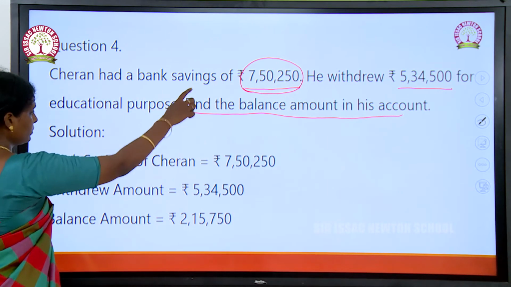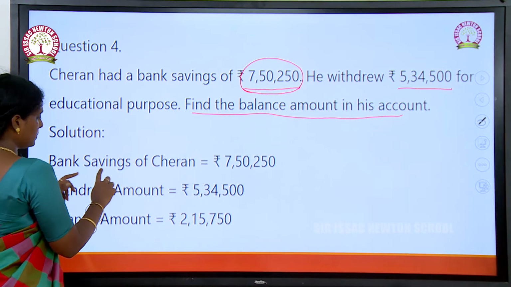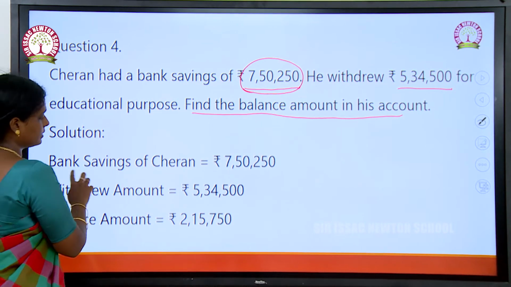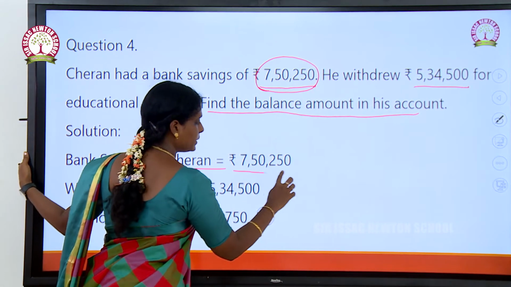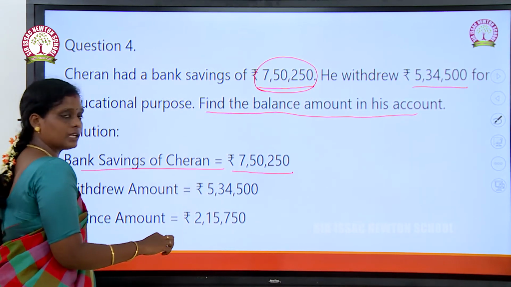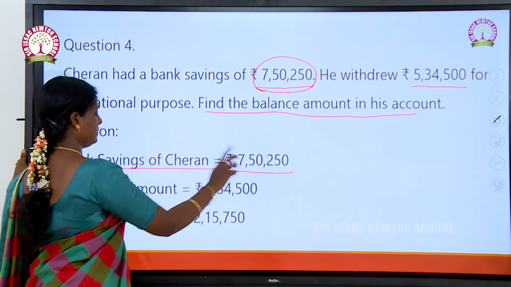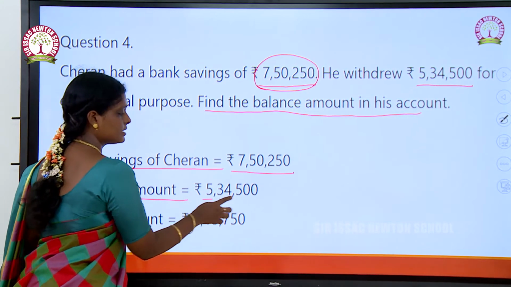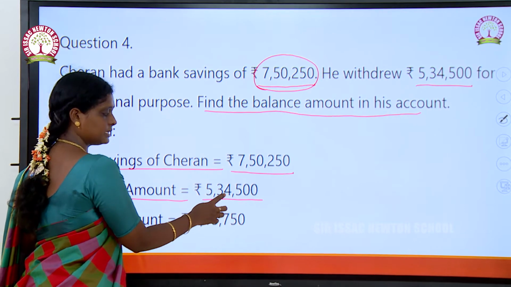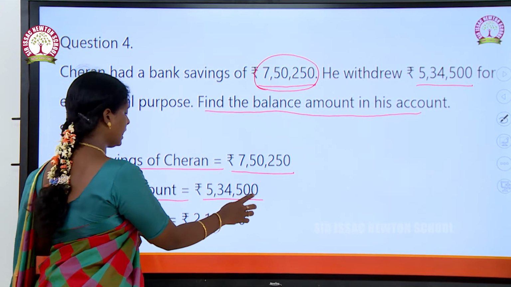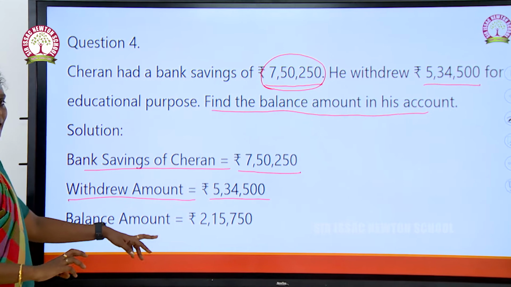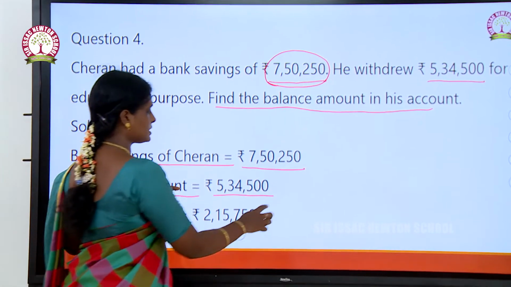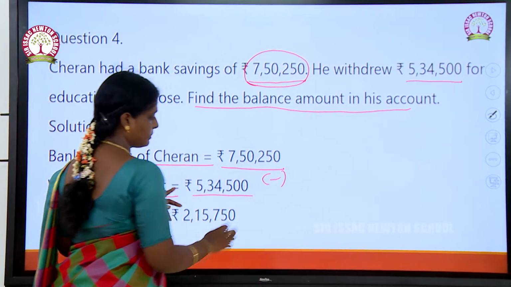So in his account Charan had bank savings of rupees 7,50,250, and then he withdrew how much? Rupees 5,34,500. So to find the balance amount, you have to subtract these two numbers, right?